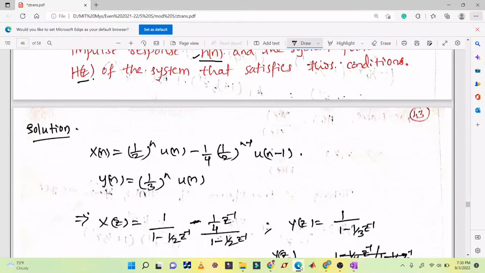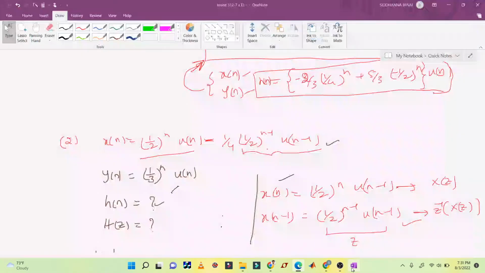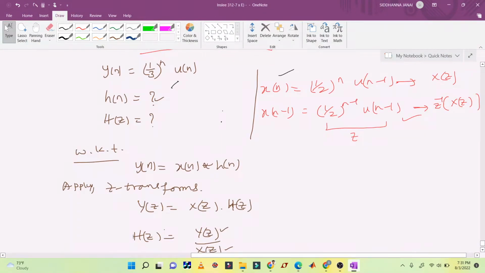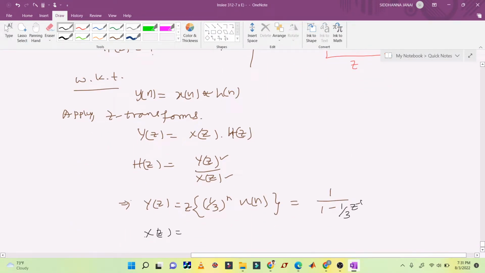Is this correct? Yes. Z transform of 1 by 2 to the power n u of n minus 1 by 4 into 1 by 2 to the power n minus 1 u of n minus 1.